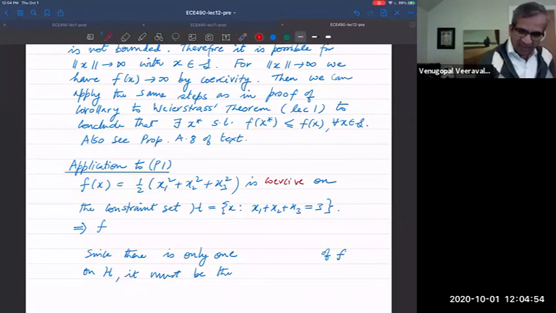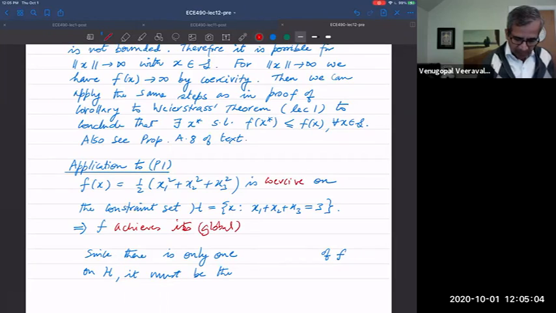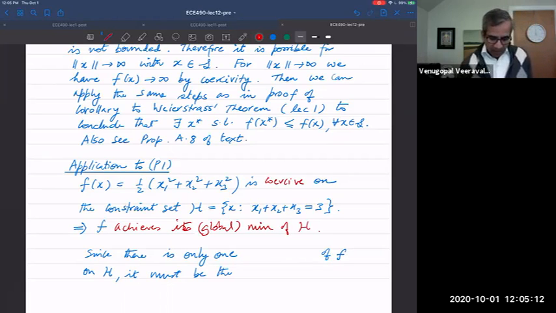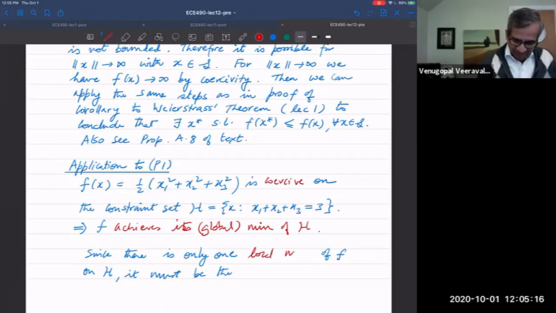So f achieves its global minimum. When we say min without any qualification, it usually means global minimum. And since there's only one local minimum of f, then that local minimum must be the global minimum.